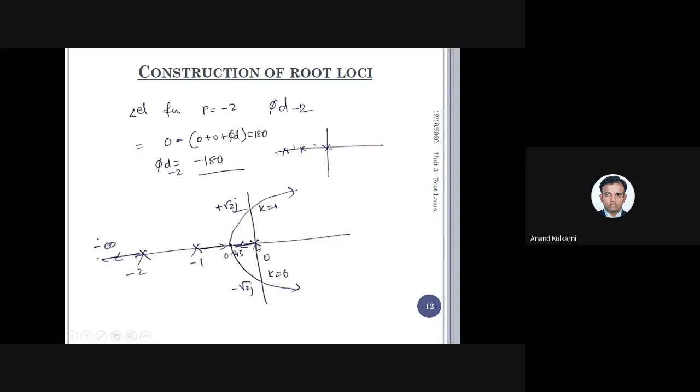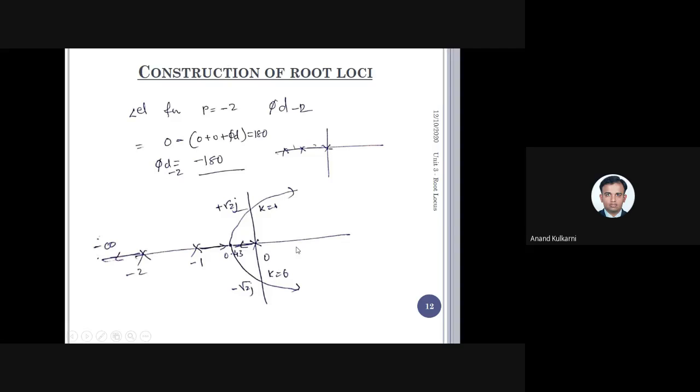Now the root locus: one root locus will start at 0 as per rule number 1. One root locus will start at -1 and one root locus will start at -2. At that time, the value of k is 0. K is 0 here also, here also, here also.